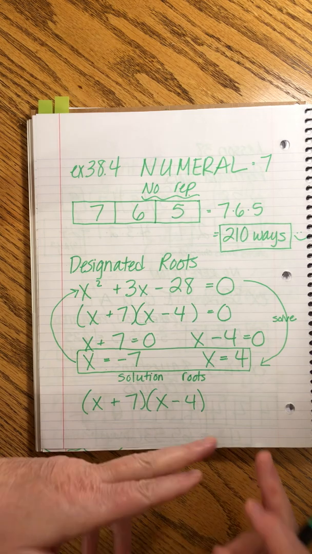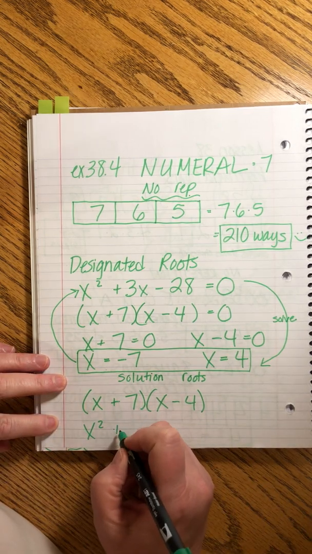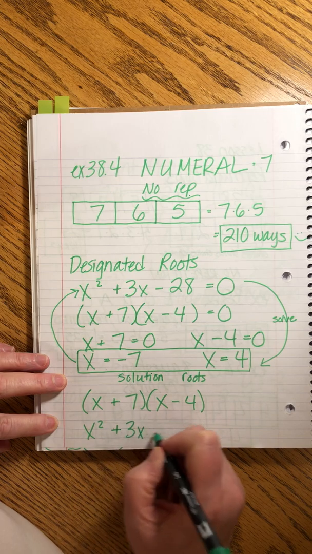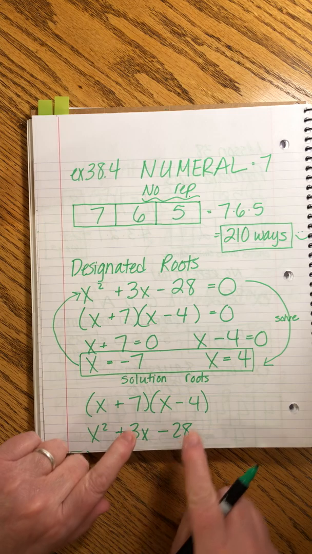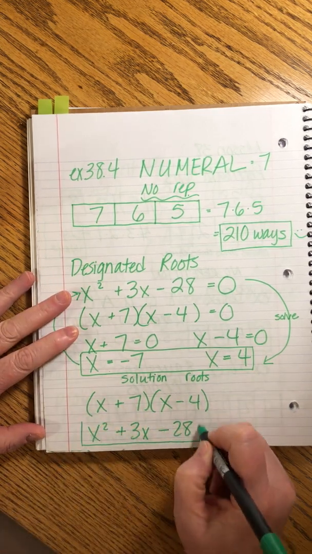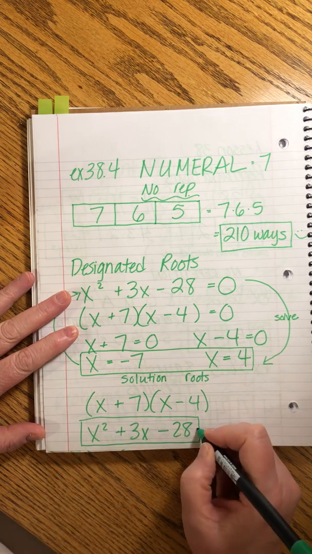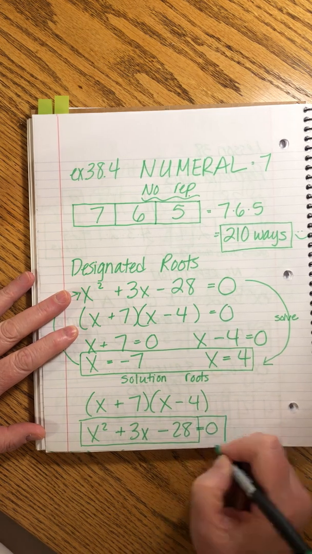And then we could multiply that to get x squared plus 3x minus 28, because I add these for the b term and I multiply these for that term. And this would be our answer. Oh, equals 0. I didn't write that, but we would add that on too.